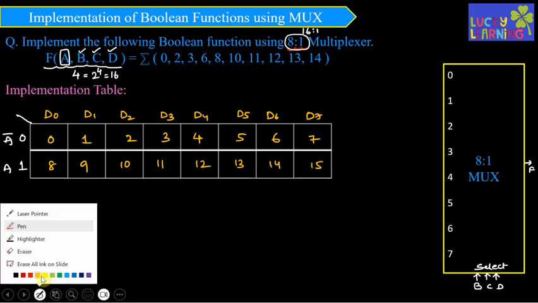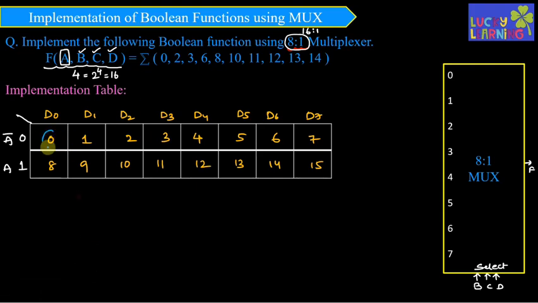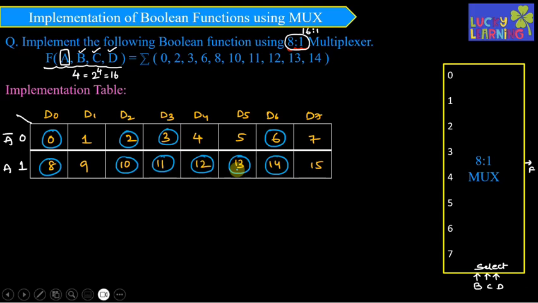Now we need to circle the minterms. Which minterms are to be circled? The minterms that are part of the function: 0, 2, 3, 6, 8, 10, 11, 12, 13, and 14, right?